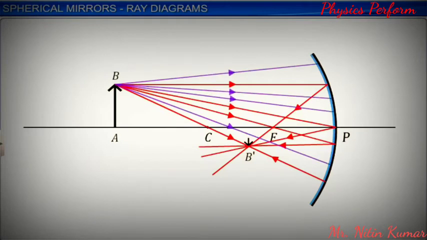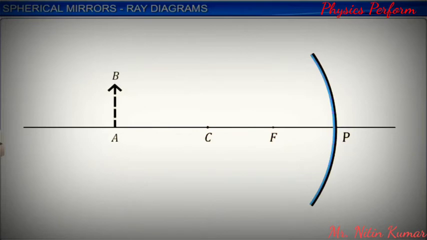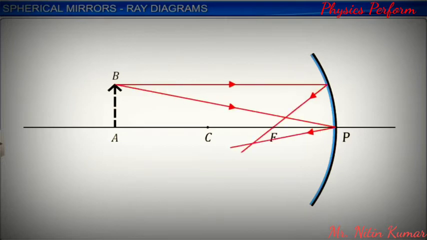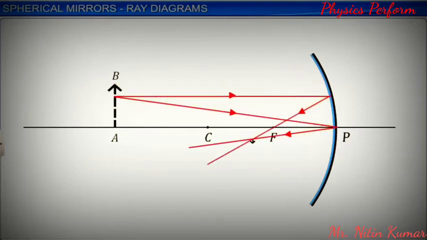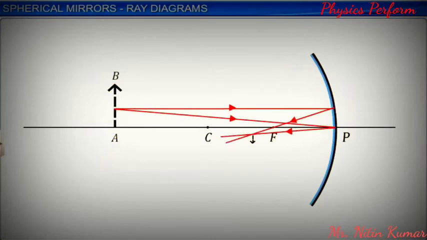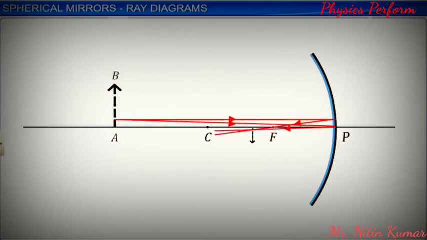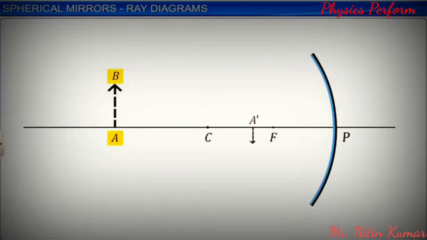By treating object AB as a combination of many point objects, and by finding the images corresponding to each of these point objects, we can find the image of the whole object AB as A dash B dash.